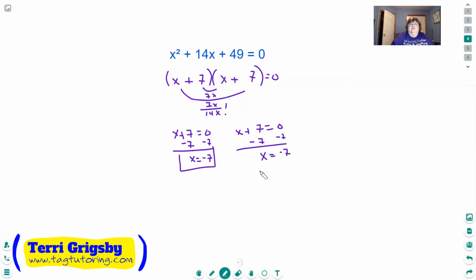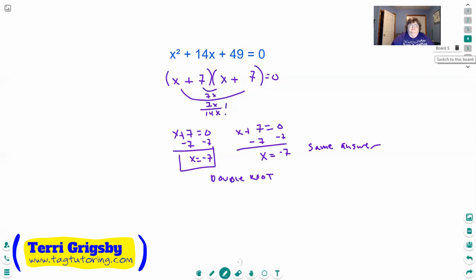So there is no reason to write that twice. When you get the same answer, just write it once. Okay, so my answer will be x equals negative 7. If you get the same answer and it shows up twice like this, it's also called a double root. Why double? Because they're exactly the same answer.